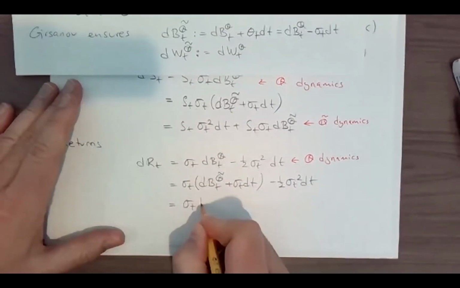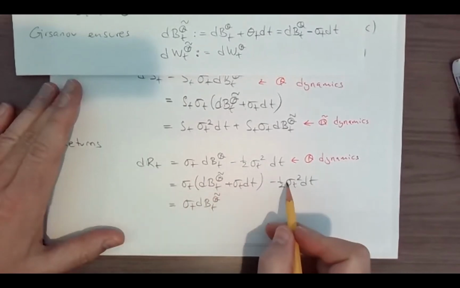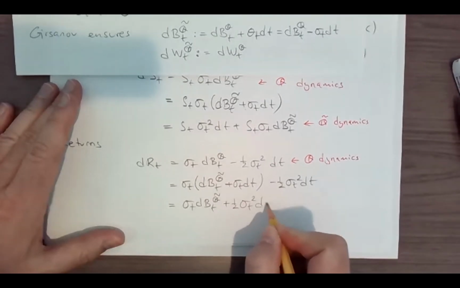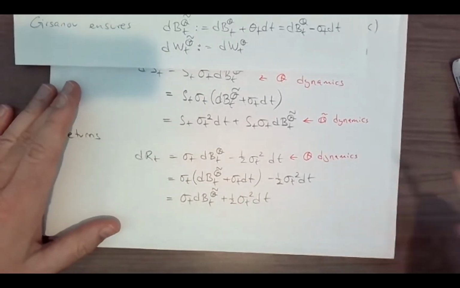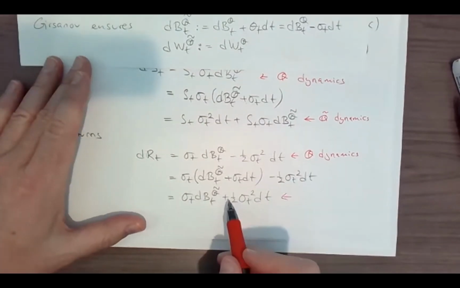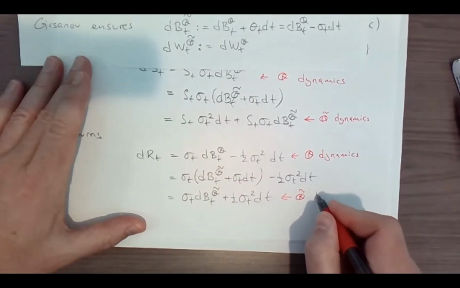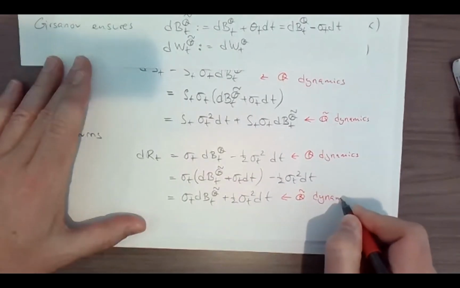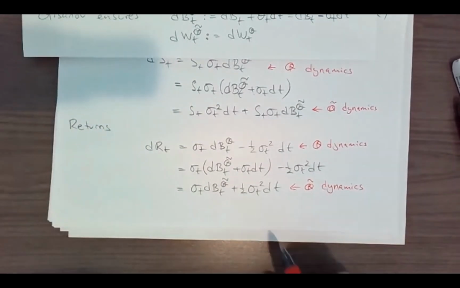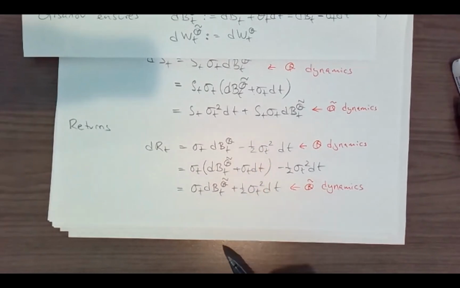I'll get sigma t and then plus 1, so minus 1/2, so it becomes plus 1/2. So you see the difference between the Q dynamics and the Q tilde dynamics are minor, right? It's just a plus sign and a minus sign. Right, so that's the big difference. Instead of having a minus here, you have a plus here.